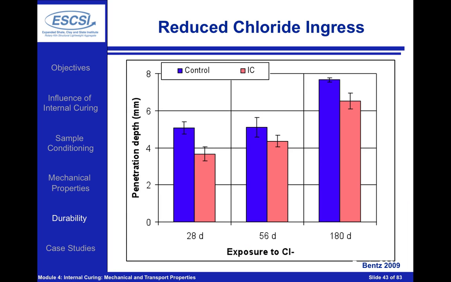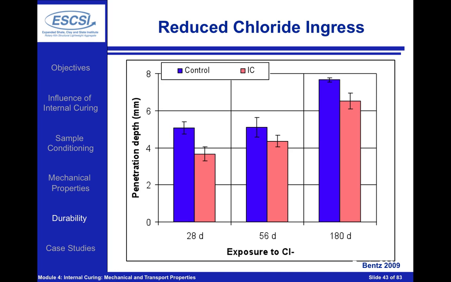Now, internal curing will reduce the depth of penetration of the chloride ions, and here you can see some results from Dale Bentz at NIST, where you can essentially see that looking at the plain control concrete in blue and the internally cured concrete shown here in the salmon color, the depth of penetration of the chloride ions is reduced at 28, 56, and 180 days.